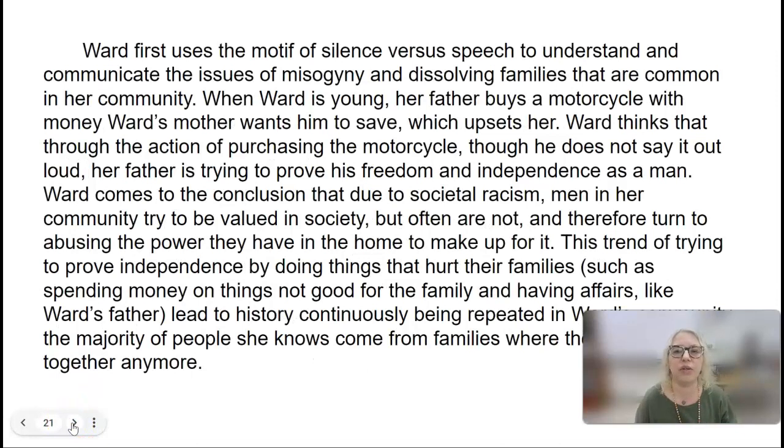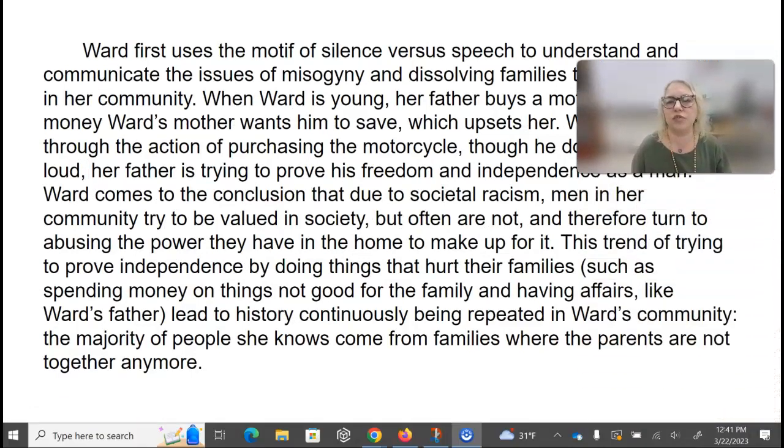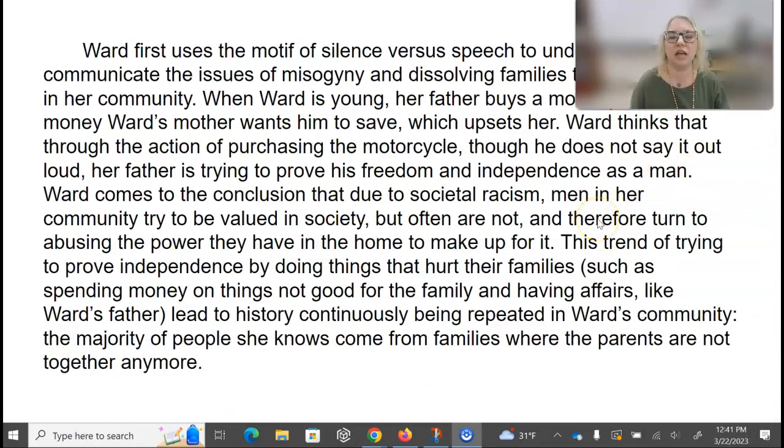Okay, so that is how we do it, you guys. And then she moves on to evaluation, and interpretation, by saying how Ward comes to the conclusion that it's societal racism. This trend of trying to prove independence by doing things that hurt their families, such as spending money on things not good for the family and having affairs, like Ward's father, lead to history continuously being repeated in Ward's community.